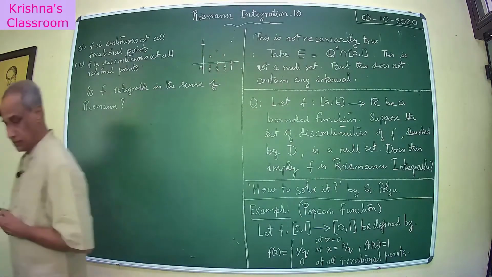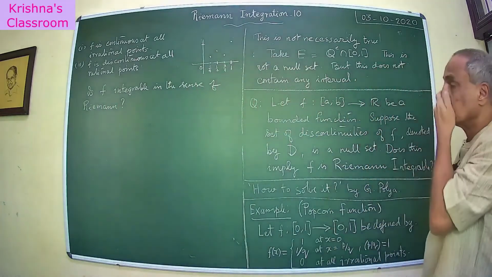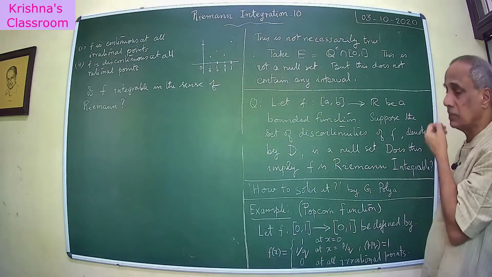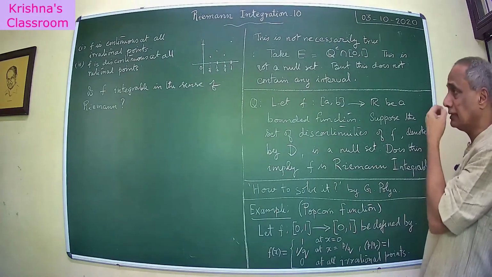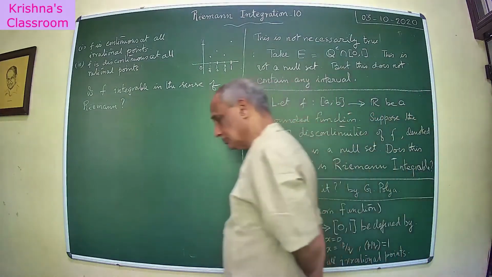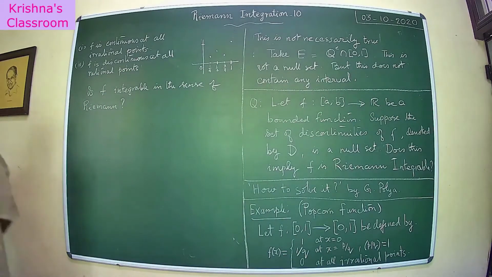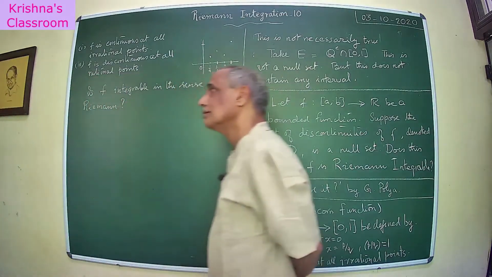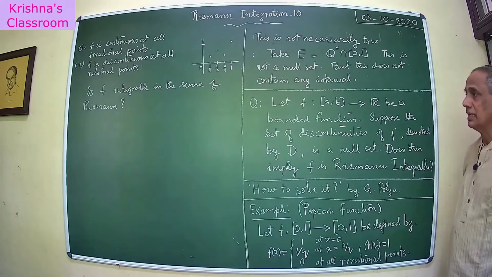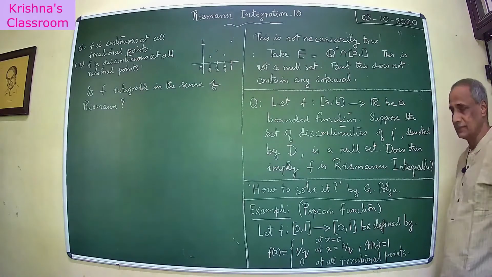So what we are going to look at is the points of discontinuity. The points of discontinuity are all rational points and it's countable. Therefore, it is a null set. Therefore, we expect the function f to be Riemann integrable. So we are essentially investigating whether you can write a proof for this conjecture. At the moment, it's a conjecture.